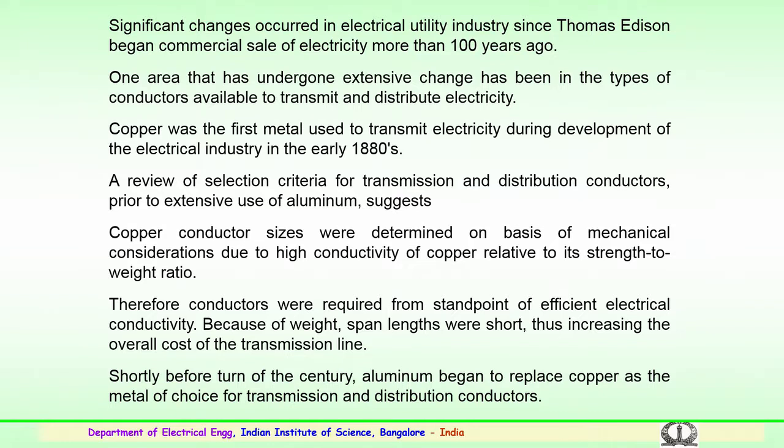Shortly before the turn of the century, conductor manufacturers and utilities started replacing copper with aluminum, which is the metal of choice for the transmission and distribution industry.